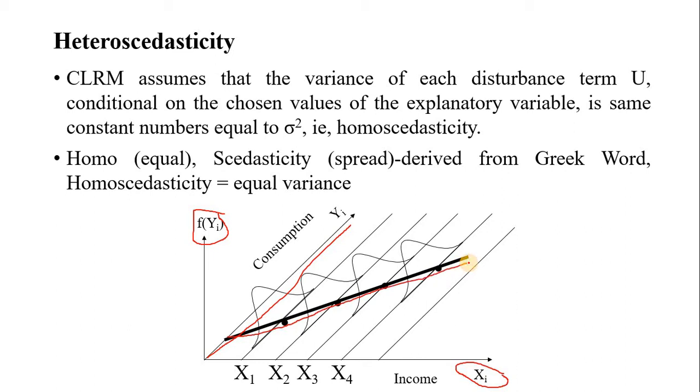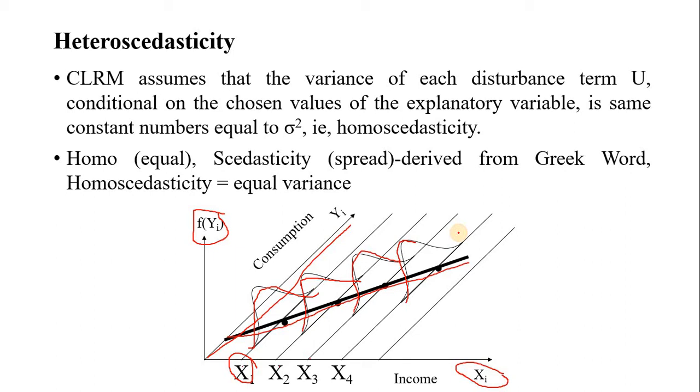If you look at the different income groups, x1 is one income group, x2 is another, x3 is another, and x4 is another. What does each curve show? This curve shows the error terms of those people with income level x1, this is the error curve for those whose income is x2, this is x3, and this is x4.